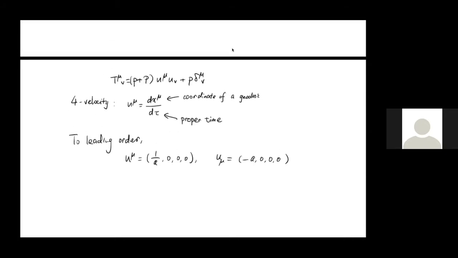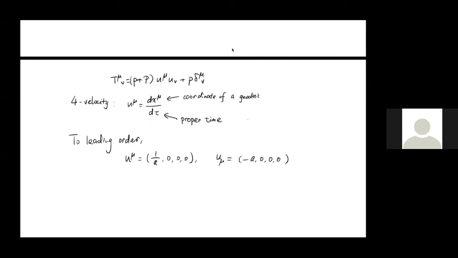I mean, from the beginning, you said in the leading order, you write this like this, but we didn't see the expressions. Oh, okay. So to leading order we have this, and you can easily get it just from this definition, because it's on a geodesic, and every proper time.